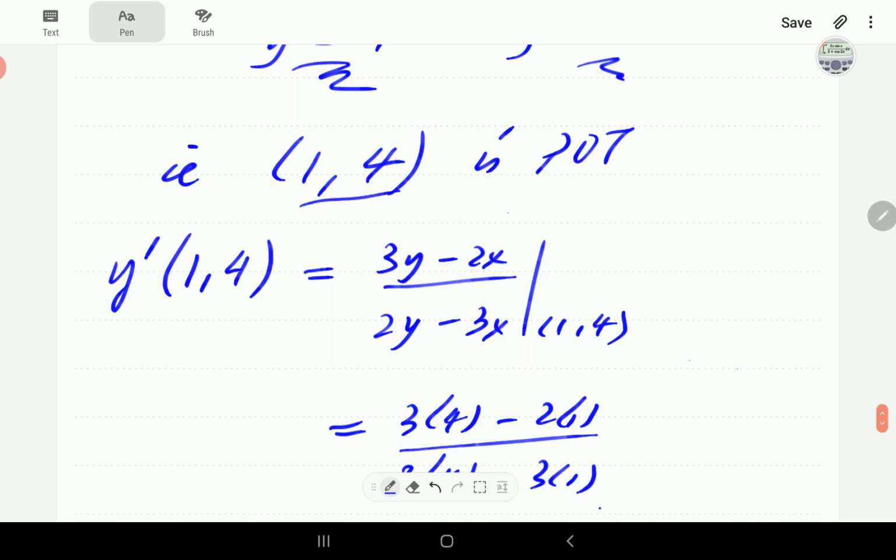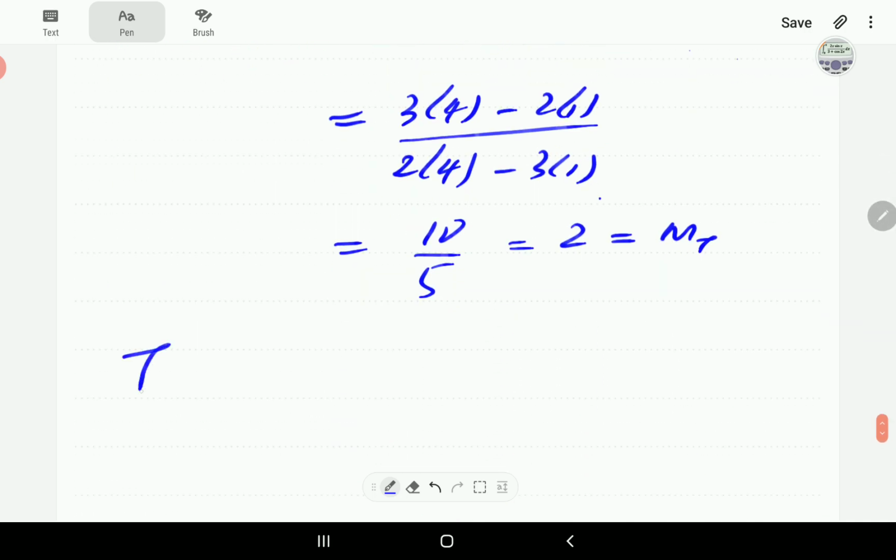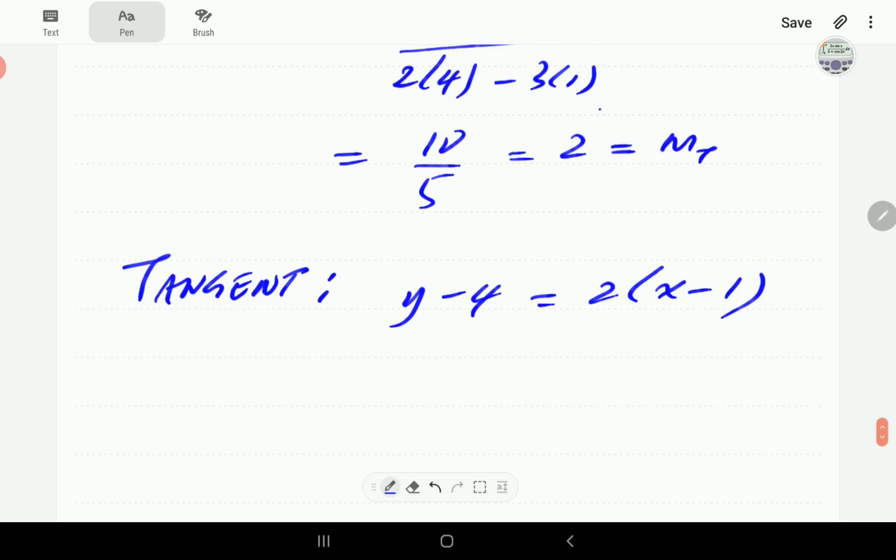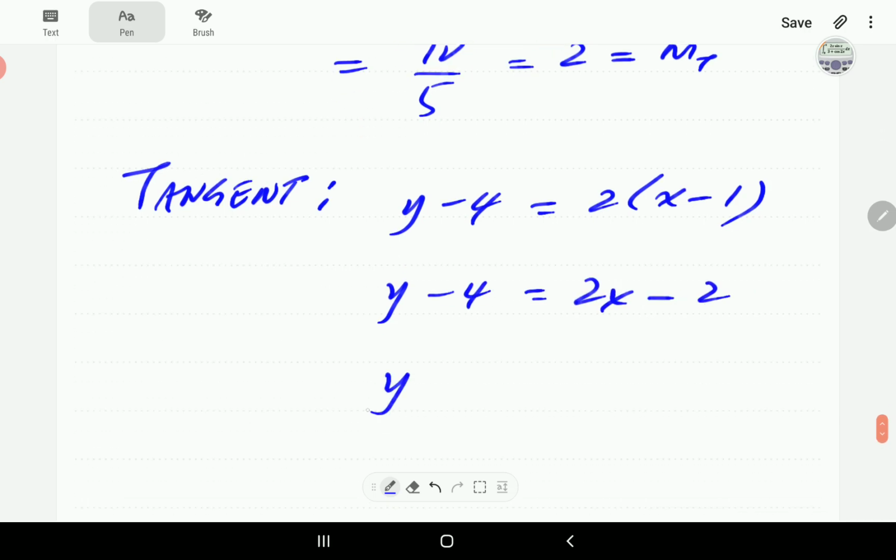So x is 1, y is 4, and the equation of the tangent is y minus 4 equals 2 times x minus 1. y minus 4 is 2x minus 2, so y is 2x plus 2.